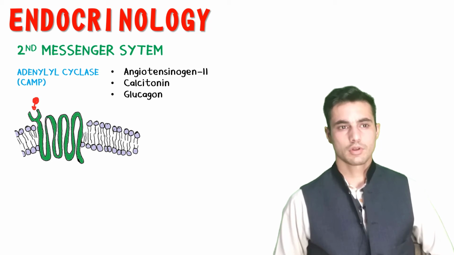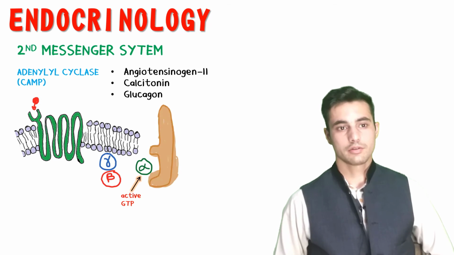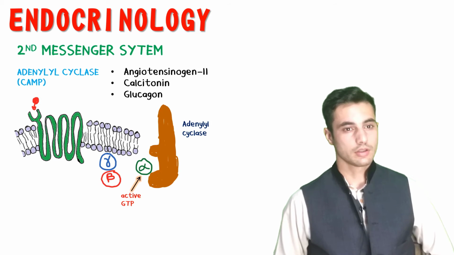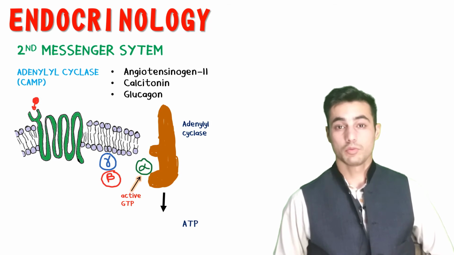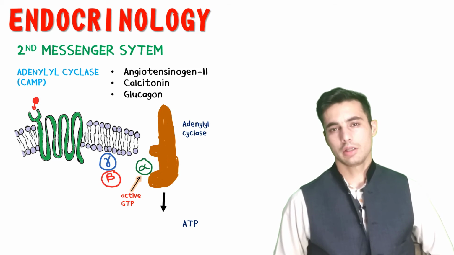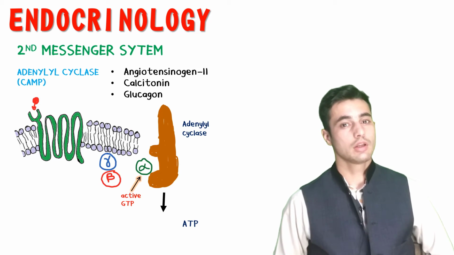When the receptor is joined with the hormone, the intracellular part gets activated and the GDP is broken down. Gamma and beta subunits are separated. The alpha subunit, which is GTP activated, will combine with the adenyl cyclase, and this adenyl cyclase will convert the cytoplasmic ATP, adenosine triphosphate, into cyclic AMP, which is cyclic adenosine monophosphate.